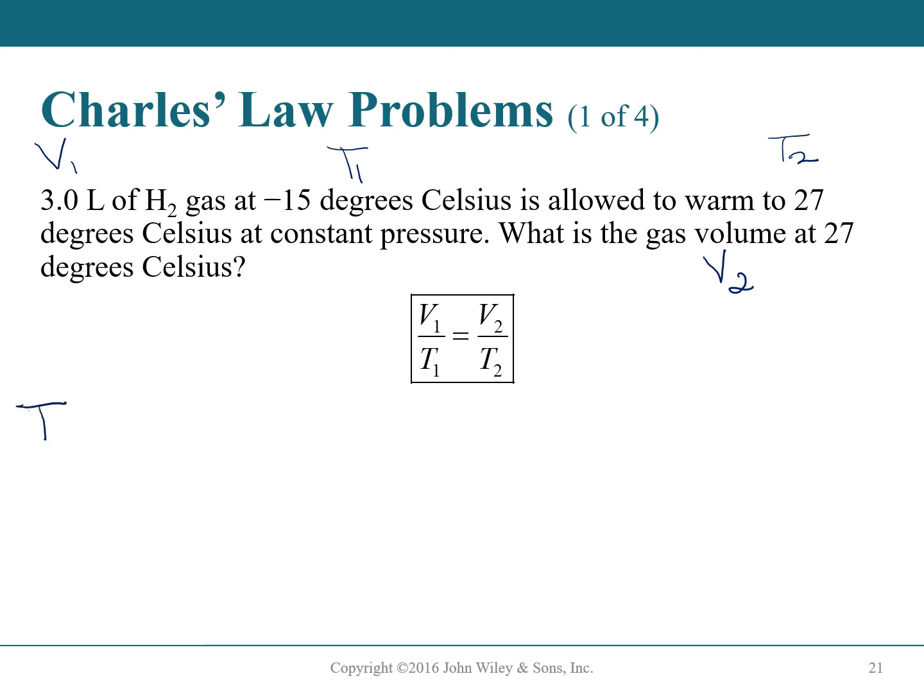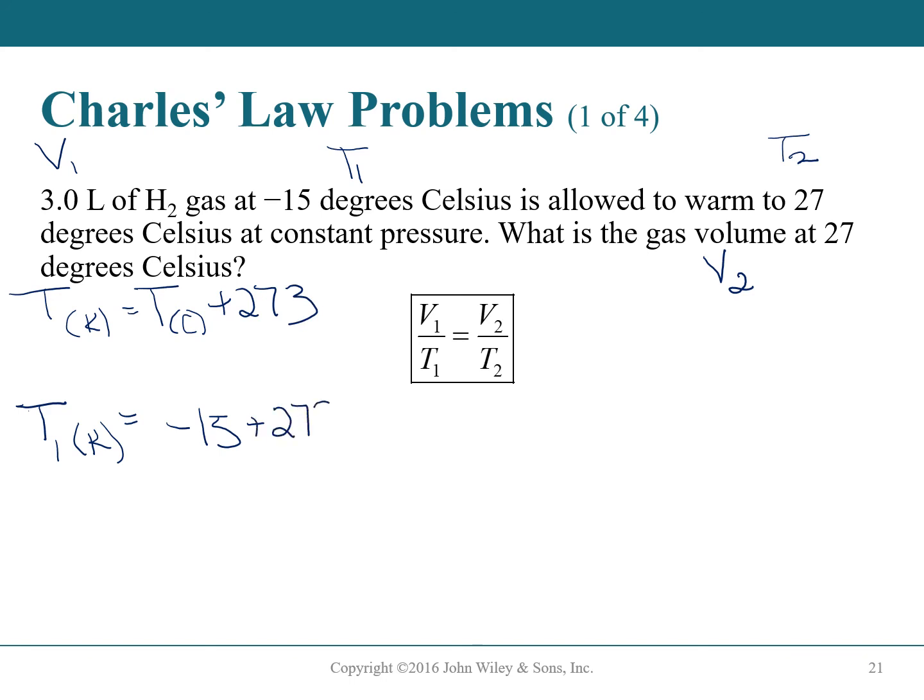But all my temperatures are in degrees Celsius, so we need to convert those. So T1 in Kelvin is going to be equal to minus 15 degrees Celsius, right? Because remember the equation we just saw before was that the temperature in Kelvin is equal to the temperature in Celsius plus 273. So we're going to add 273 to this, and what we get is 258 Kelvin.